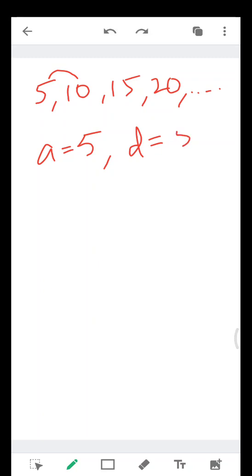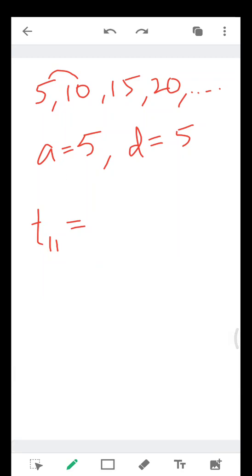Which term do you want to find from this now? 4 terms are given here. If you want to find, say, the 11th term of this series, I'll use the formula A plus n minus 1 into D. What is the formula?